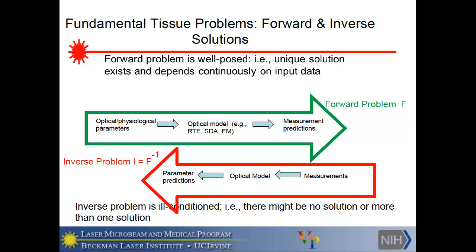And so you can play games with mu s versus g, or 1 minus g. As long as that value is held constant, you're not going to change the solution in standard diffusion. So if you're using a diffusion model, it's quite clear that you can come to multiple solutions. You can also find no solutions. That means the trouble lies ahead.